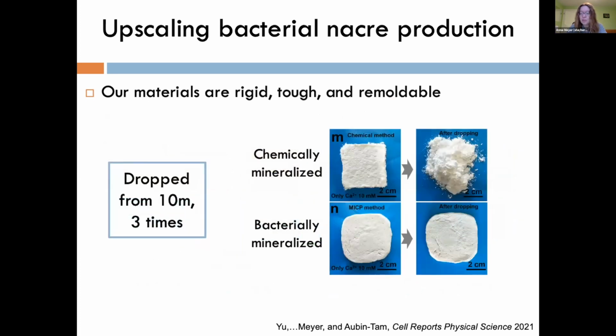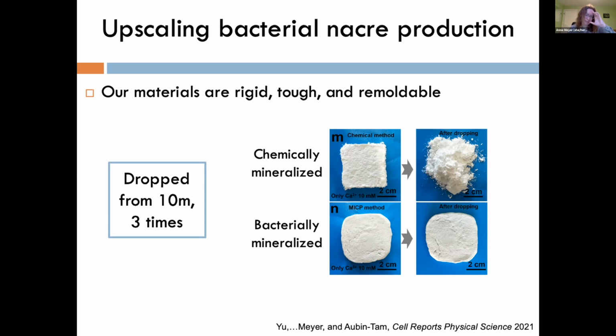So we were really excited with the material properties that we got. These materials were very resistant to mechanical forces. Here I'm showing 2 samples. The top one is where we took the cellulose and mineralized it with chemical, CO2 releasing processes. The bottom one is where we used the bacteria to make the calcium carbonate minerals.